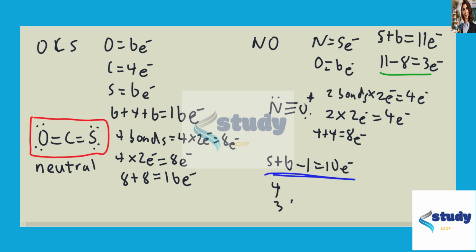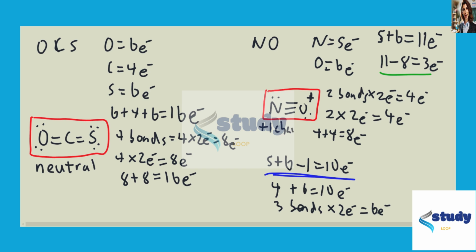And we have 3 bonds times 2 electrons, which gives us 6 electrons total. 4 plus 6 is 10. So we have our total electrons. This is our Lewis structure with a formal charge of +1.